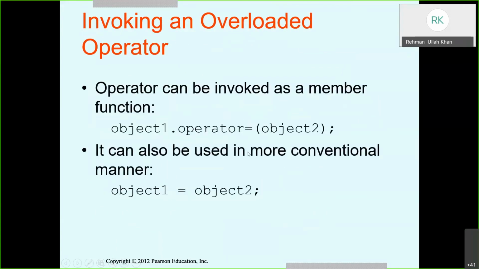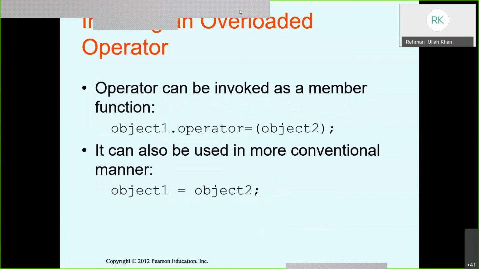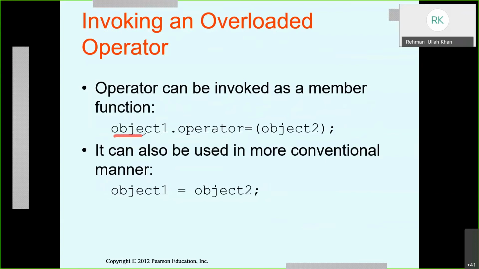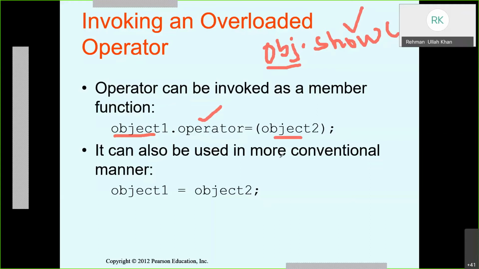When there is an assignment like this, it will be called like a member function, by the object on the left. For example, the standard procedure is obj dot show, which means the object before the dot is calling the function show. In the same way, the object before the dot will call the operator function, and the second object will be the argument. This is the standard way.